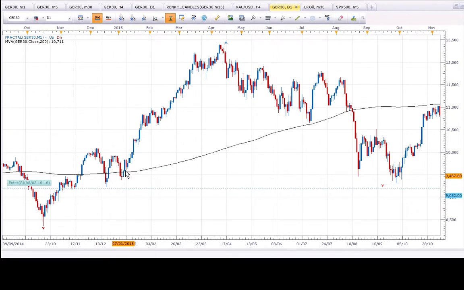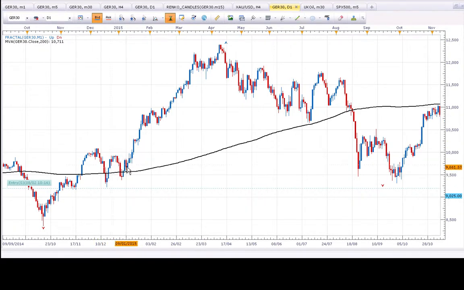So in this example here, I say this example because it just was the first place I clicked. You would wait for a candle to close above the average, and once it does, you will go long. It's a very crude, very basic strategy, and sometimes it will work, sometimes it won't.